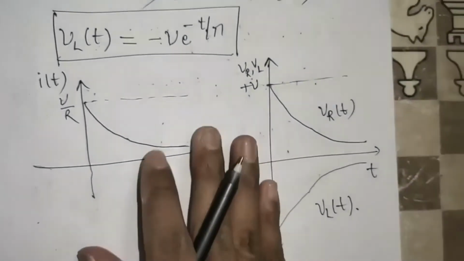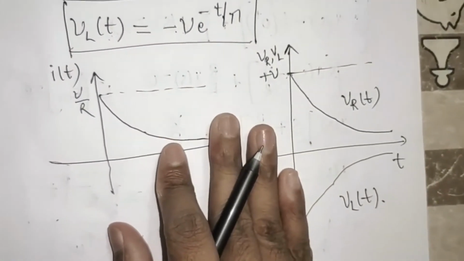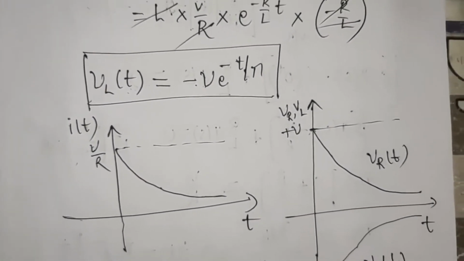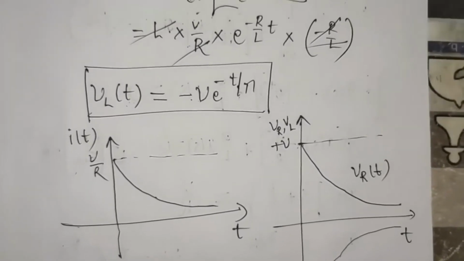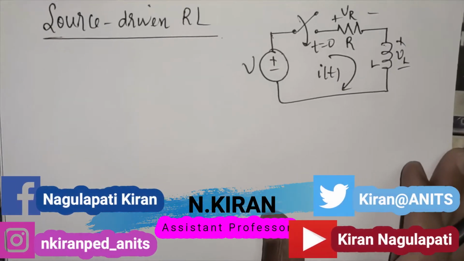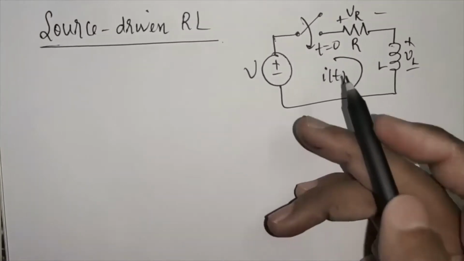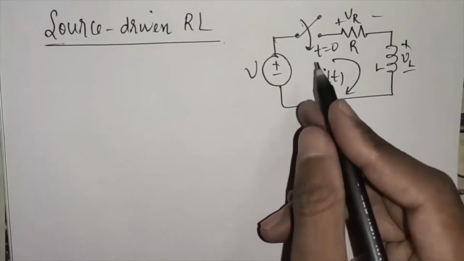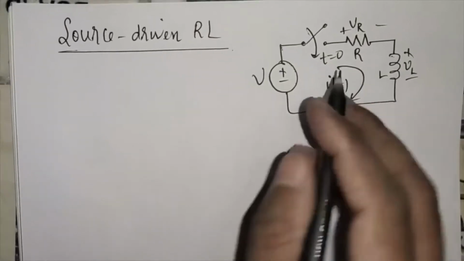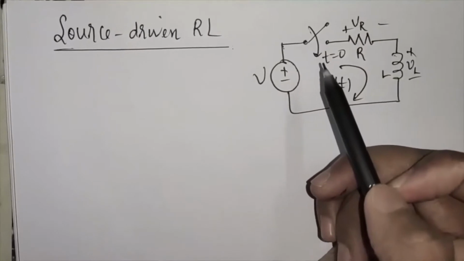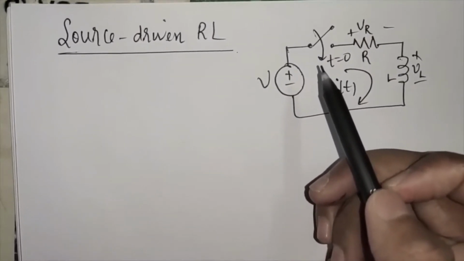So next, let us derive the expression for complete response of source driven RL circuit. So this is the circuit configuration for source driven series RL circuit. Here, as you can see, the switch is closed at t equal to 0. That means the switch is initially open.